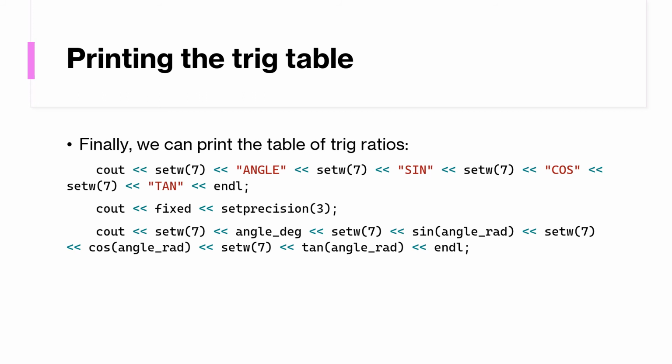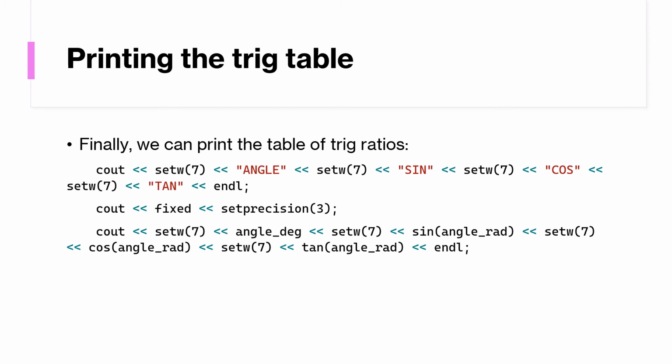Fixed means we're going to have a fixed number of digits after the decimal point. So even if there's zeros, we're going to print them. And so now set precision 3 means I'm going to have 3 digits after the decimal point, and that will make my columns all look nice and even.